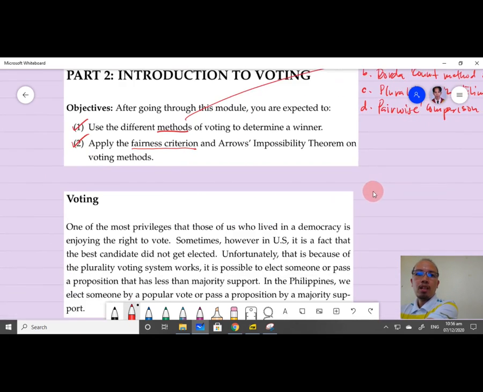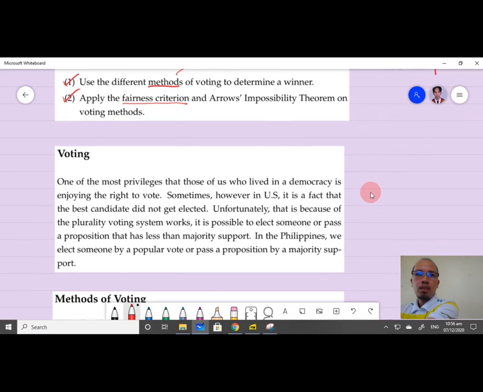So what is voting? We already know that especially in this country, in the Philippines, we have the right to vote. If we live in a democracy, we enjoy the right to vote.